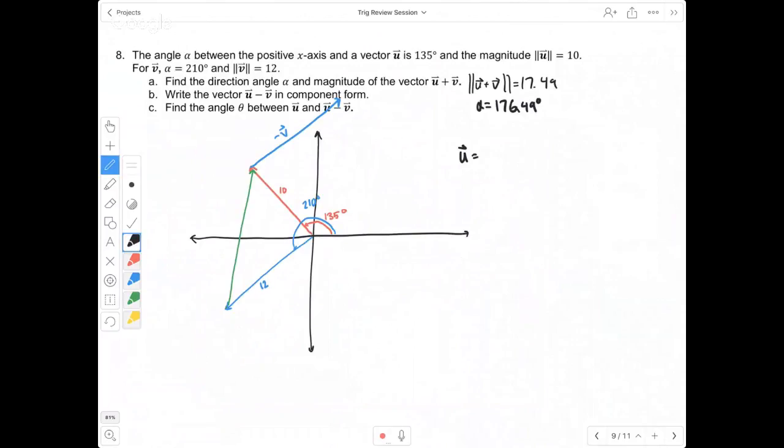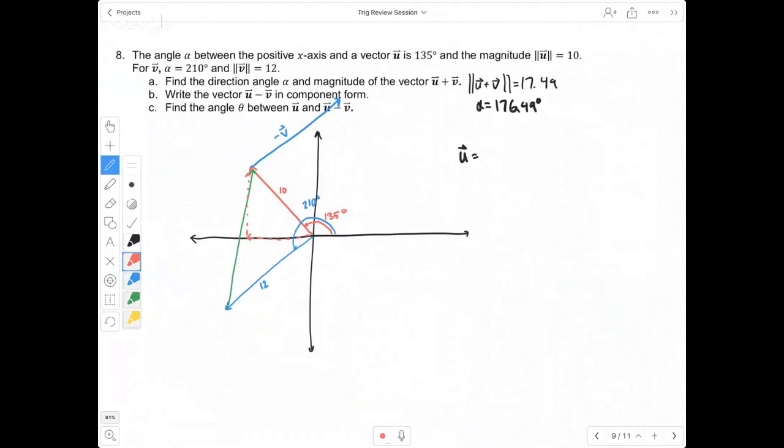So u in its component form, let's see, 135 degrees and a magnitude of 10. So I'm going to say u has two components, an i component and a j component. It's a nice 45, 45, 90 triangle.